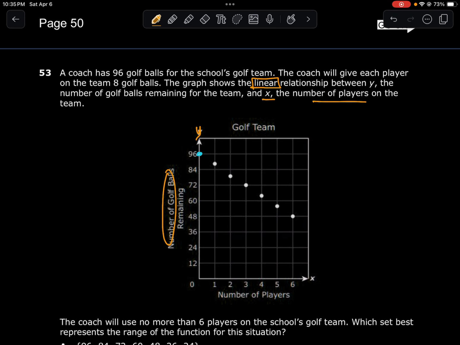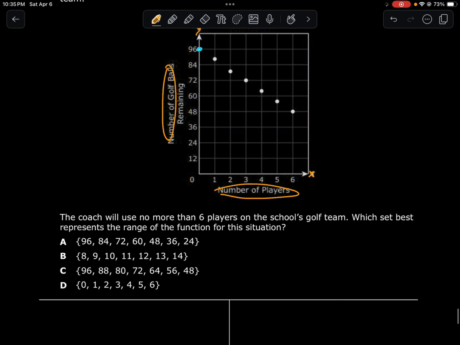x is the number of players, so x on the horizontal is number of players. Fine. What do we want? The coach will use no more than 6 players on the school's golf team. Which set best represents the range of the function for this situation?